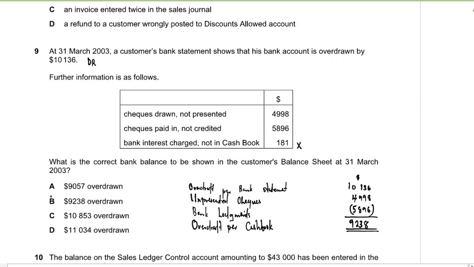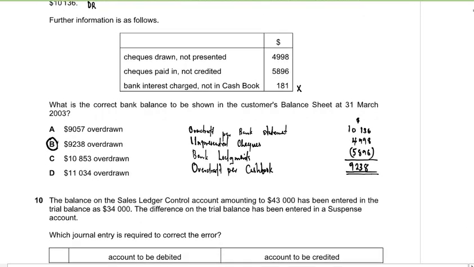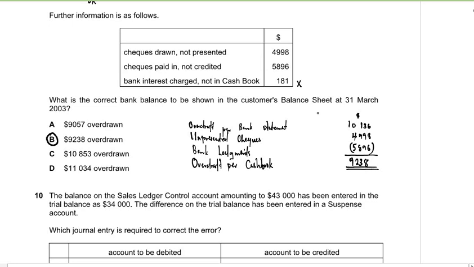So the correct answer is found at B. I think I have explained why we are not including 181, because if we take the effect of 181, it means we are going to get the original balance, the unreconciled balance. But when we are entering the amount in the balance sheet, we are supposed to put the updated balance, and this is the updated balance.